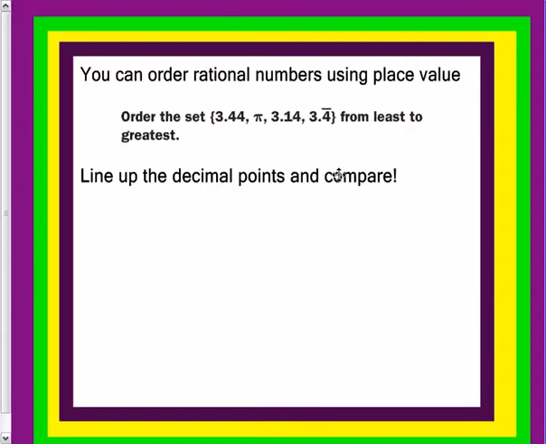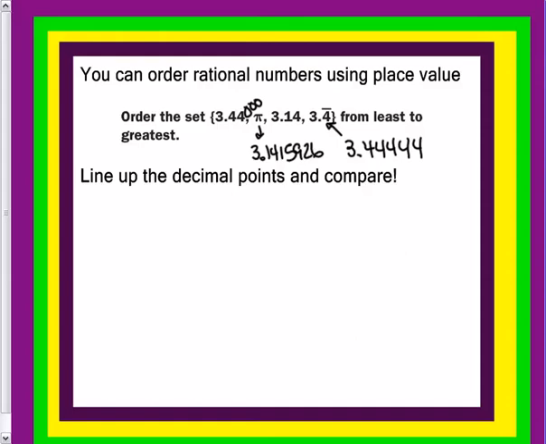You can order rational numbers from least to greatest. Okay, so pi is 3.1415926. This is that repeating sign, so this would be a 4 going on forever. So I want you to try to line these up. Who would be the least? Who would be the greatest?